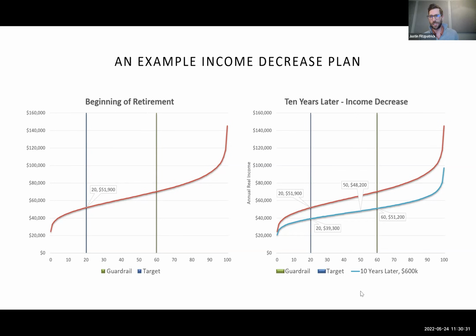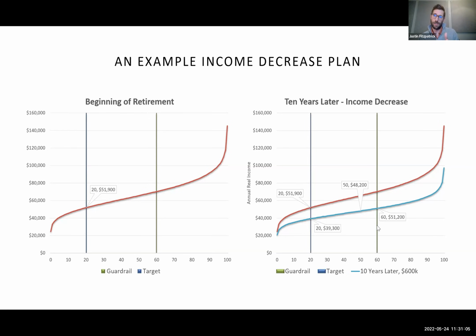So in this case, imagine 10 years later, we're at a 20-year plan and so on, but we have $600,000 instead of $1 million. That in this case would be enough to trigger a change, because we see here that our initial spending of 51,900 on the red line, the entire risk curve, the blue line, has gone down because we have basically less income available at each risk level.